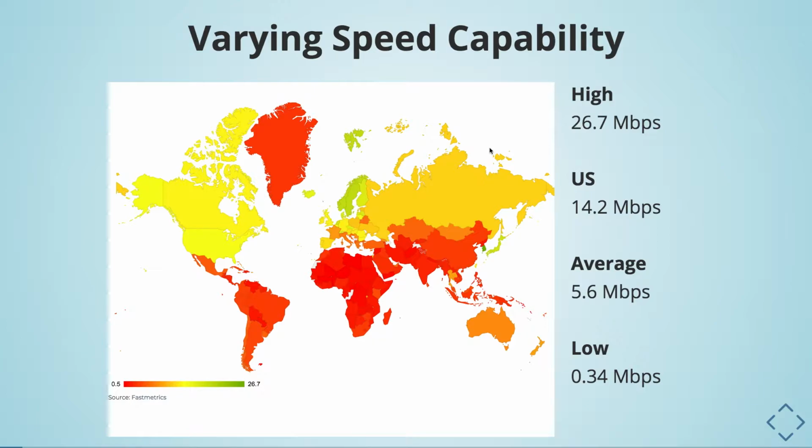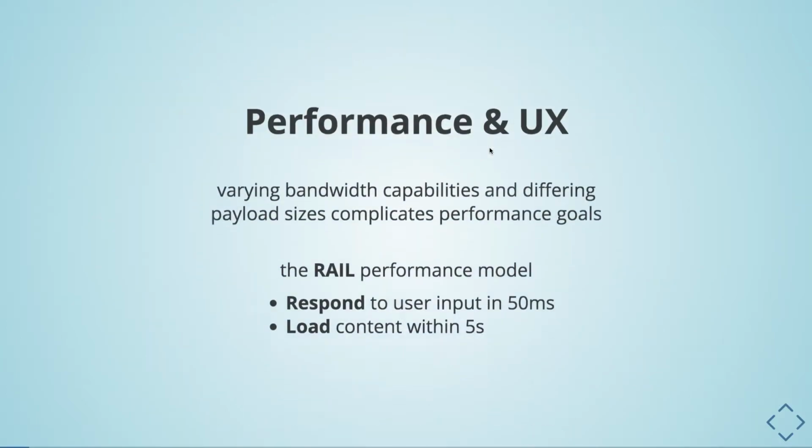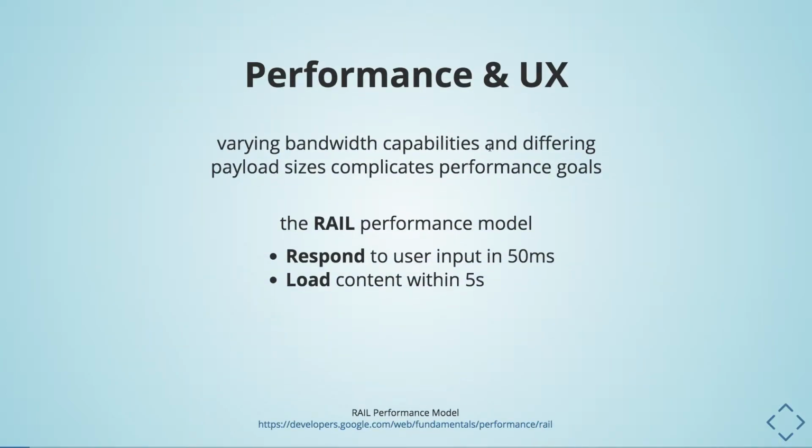If you consider that, and you pair that with something like performance or user experience metrics, with the varying bandwidth speeds available, you can do the math and figure it out. And you probably need to for your project or your product. I think Evans talked about the RAIL performance model in his presentation a couple months back. There are a couple of aspects there that really apply to this. One is the response time.